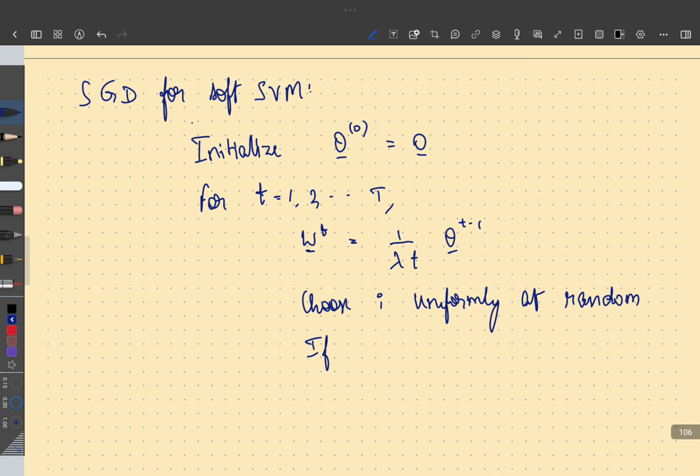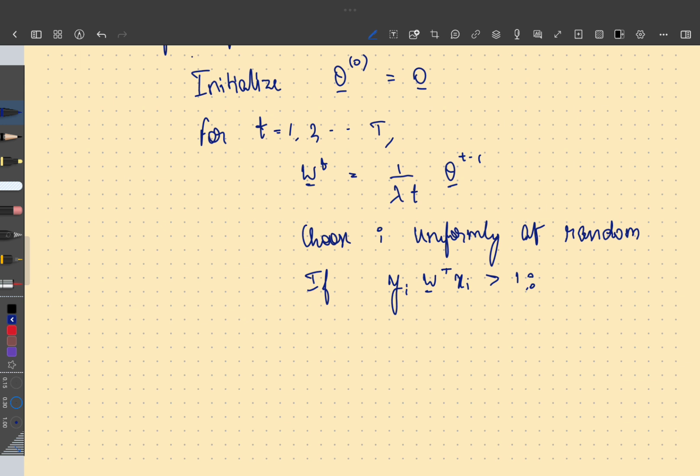So if y_i times w transpose x_i is greater than 1, then you do nothing, right? So theta_t equal to theta_{t-1}.